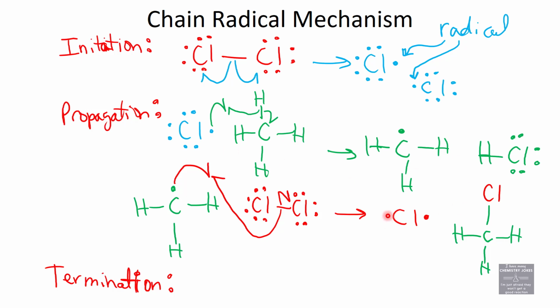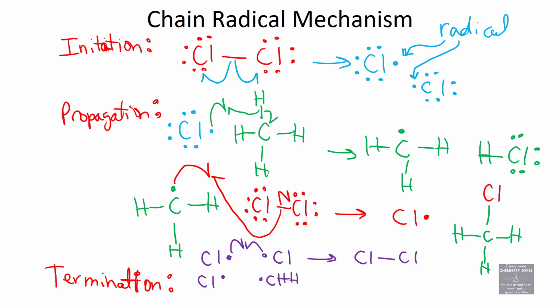You've got radicals all over the place. If at any time two of those radicals bump into each other, that's where we get termination. Anytime two radicals bump into each other, that is the cause of termination. Two Cl radicals could terminate each other. A Cl radical and a methyl radical.